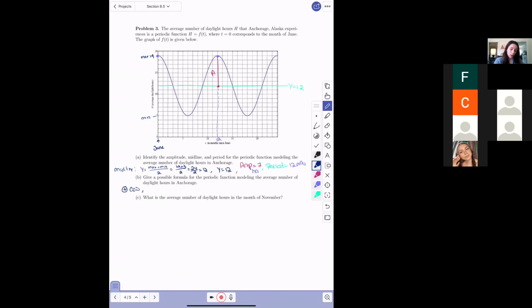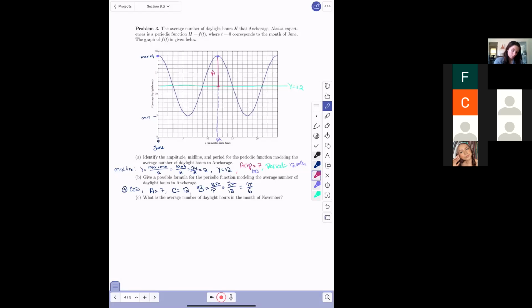And we know that A is equal to 7, C is equal to 12, and we have that B is equal to 2 pi divided by the period, which is 2 pi divided by 12, which is pi over 6.